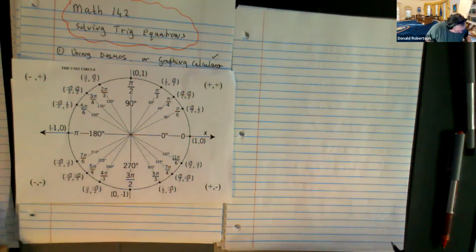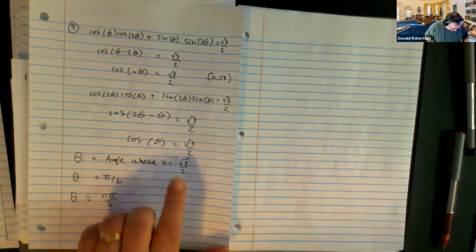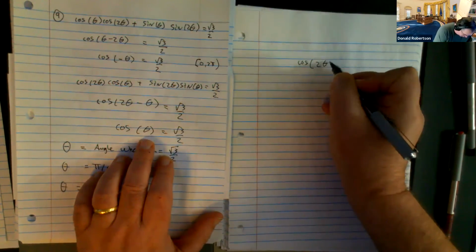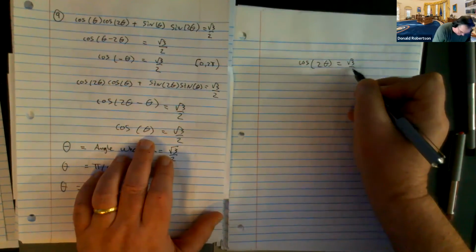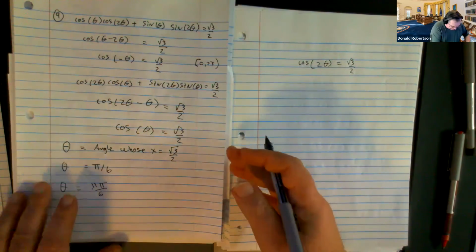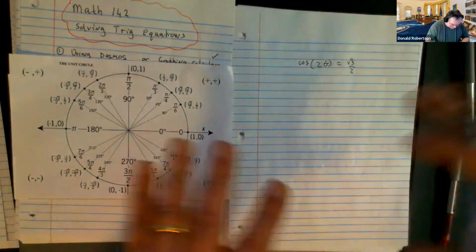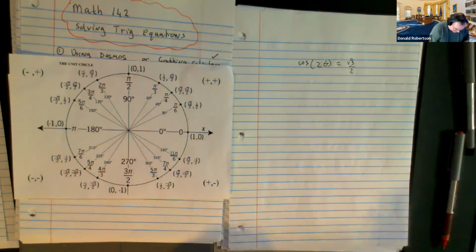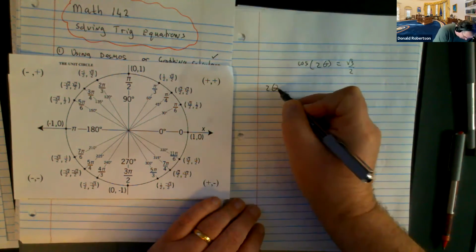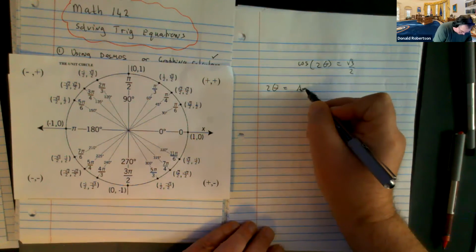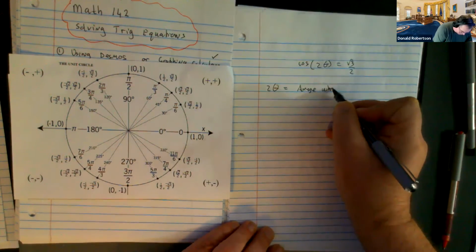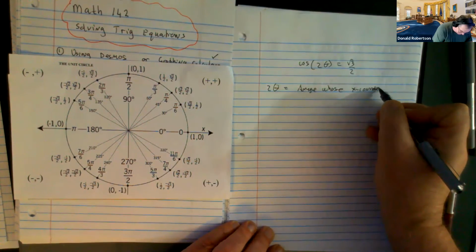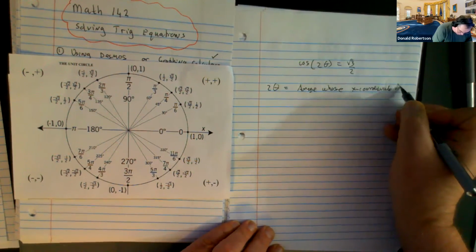Can we just pretend for a minute, a different question, that it was this guy. Just to show you that you'd have to adapt a little bit, right? So you combine them together and it was cosine of 2 theta, right? Different question, you got this. Then 2 theta is an angle whose x coordinate was root 3 upon 2.